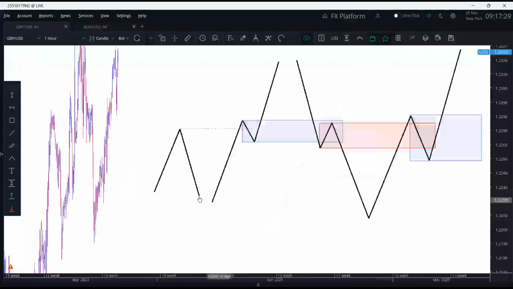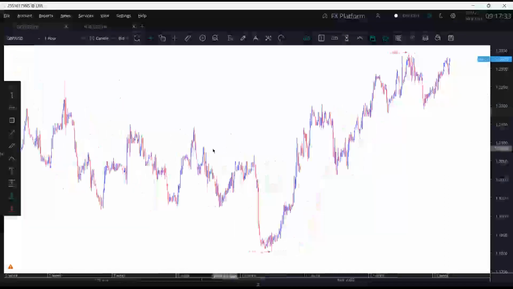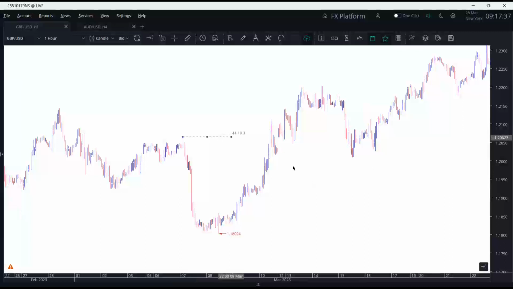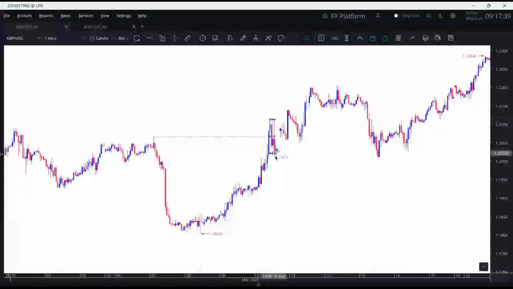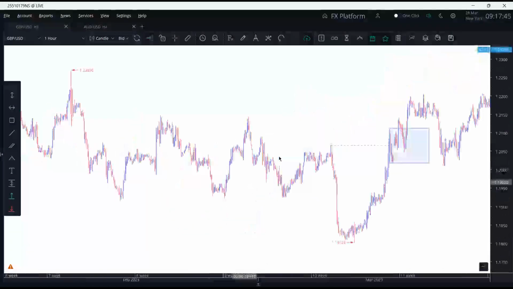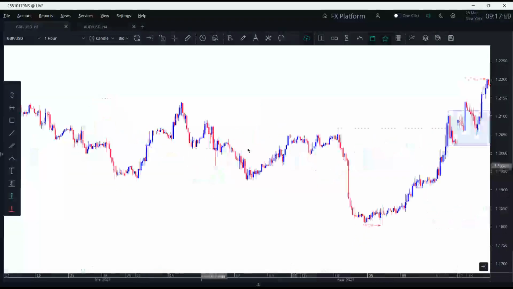Let me show you some examples in the chart. Well, for example, here we have a support or resistance, then this is the FTR. And also here we have a support and resistance. This is the FTR.